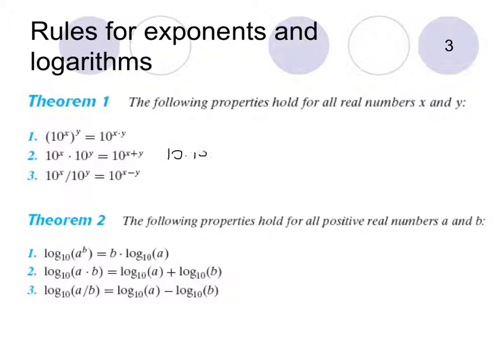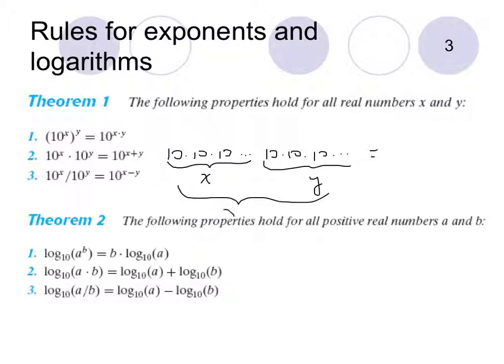This is just saying if you have 10 to the x, then you have x tens. 10 to the x means 10 times 10 times 10, x times. 10 to the y means 10 times 10 times 10, y times. And so if you chain together x tens and y tens, then altogether you have x plus y tens. And so that product is really just 10 to the x plus y. So that's the reason why all of these rules work. They're really based on nothing more than exponentiation as repeated multiplication.